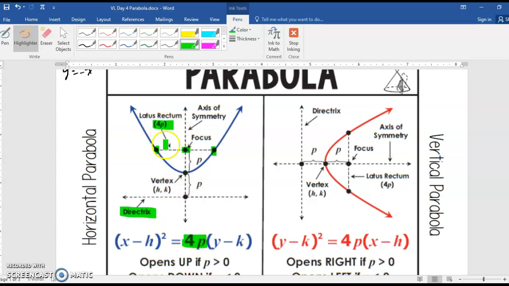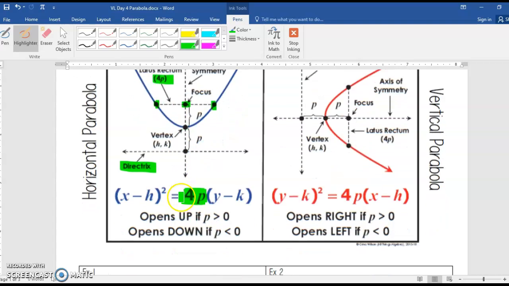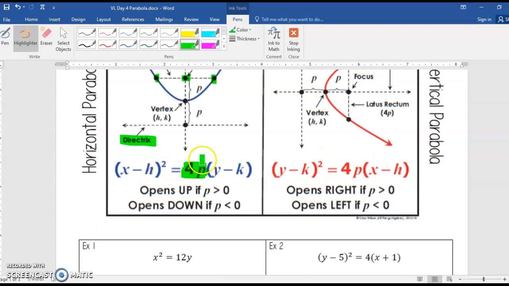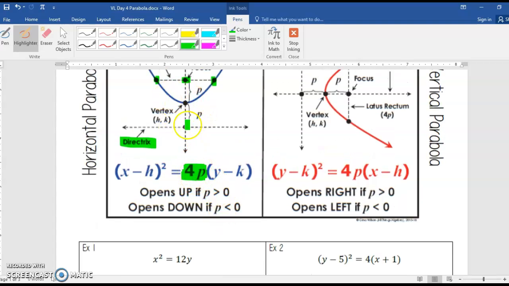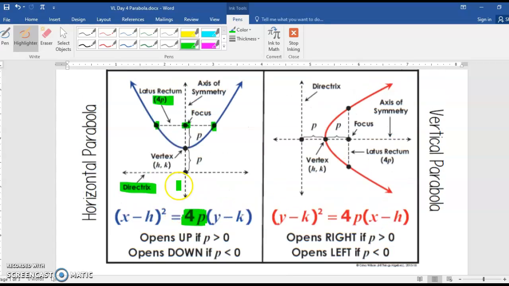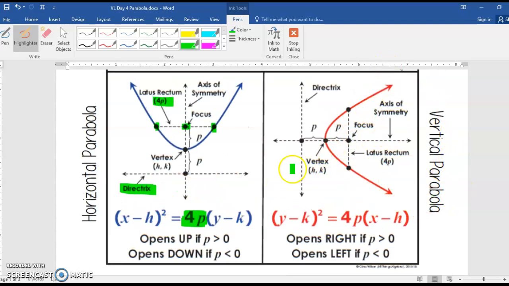And that you can directly decipher from the equation because x minus h squared equals 4p times y minus k. And of course the last one is axis of symmetry, which passes through the focus and the vertex, right? Now if p is negative, the parabola is going to be downwards. In the case of sideways, it's going to turn left side if p is negative.